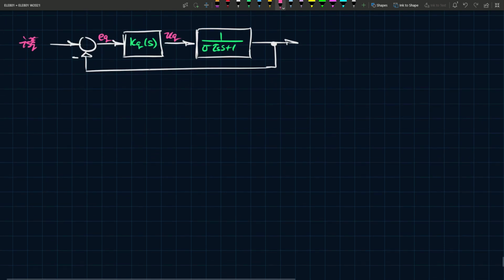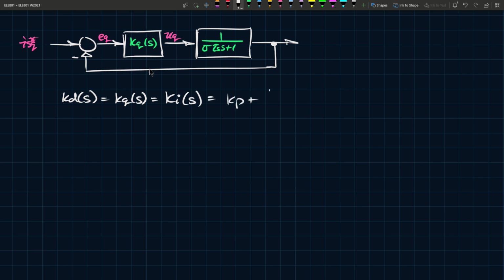So let's say KD of s equals KQ of s equals, let's call it KI of s, and let this be some KP plus KI over s.